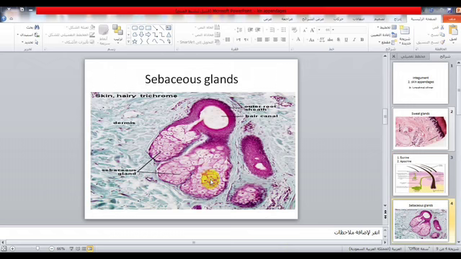Now we come to the sebaceous glands, which are found everywhere except the palm and the sole, because they lack hair. The sebaceous glands are distributed along all the body and open into the hair follicle. Wherever we find a hair shaft, we find sebaceous glands, embedded in the dermis and hypodermis.